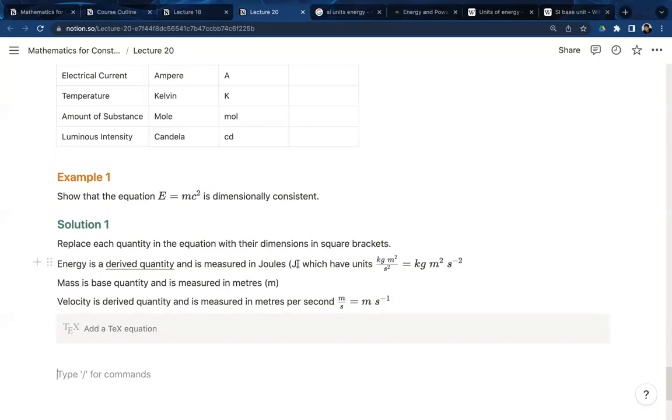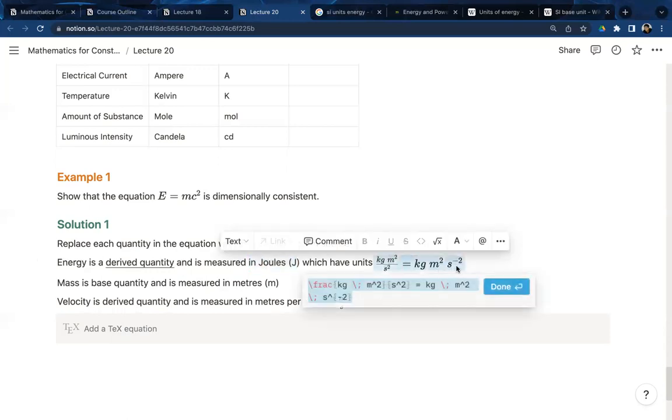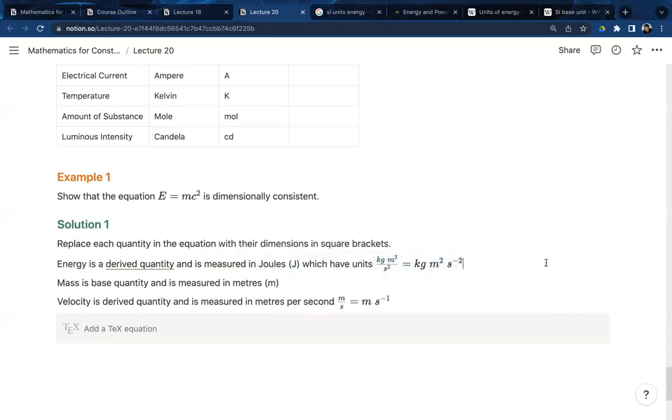We know energy is measured in joules, but 1 joule is the derived unit expressed as a combination of the base units. So 1 joule is 1 kilogram meters squared per second squared. You typically write it like this because it's easier to manipulate algebraically.